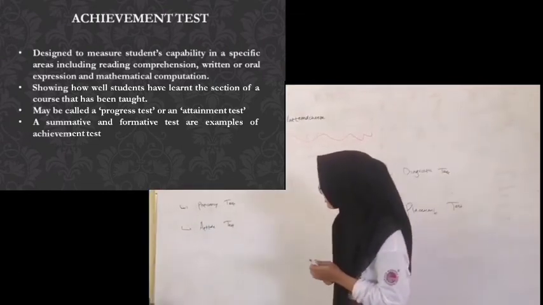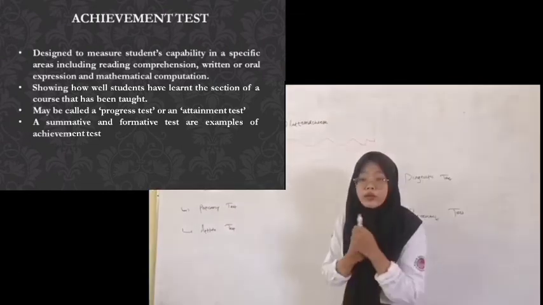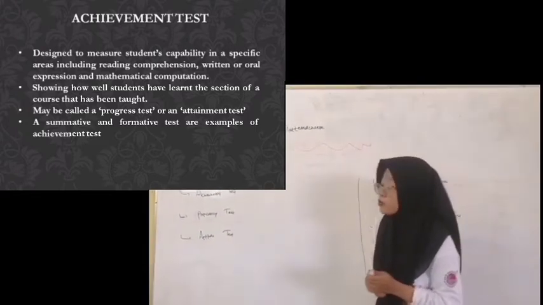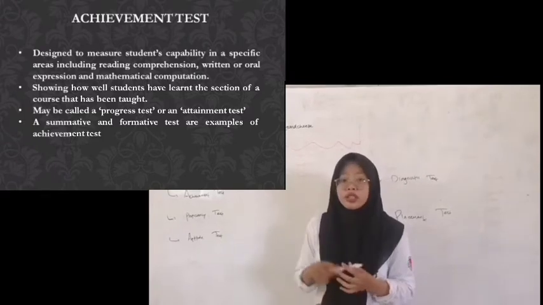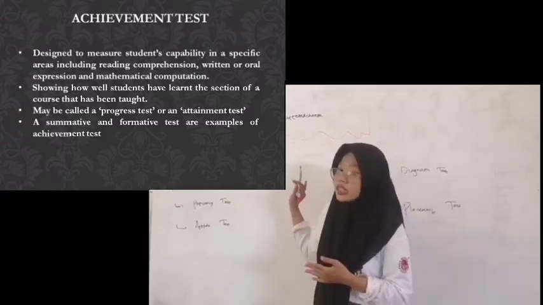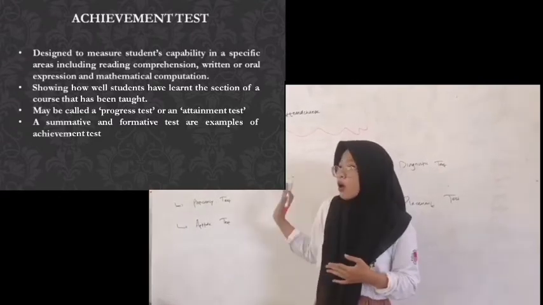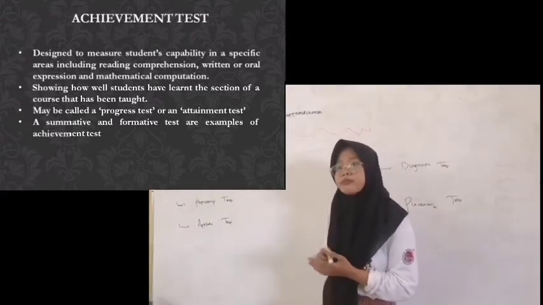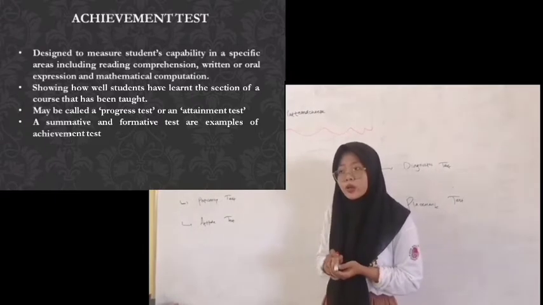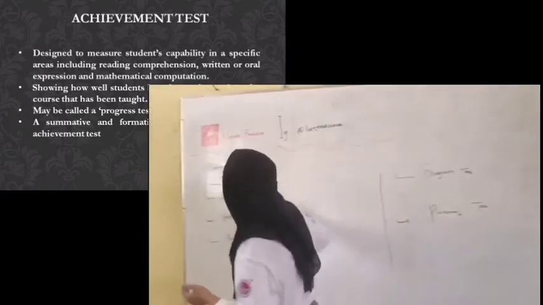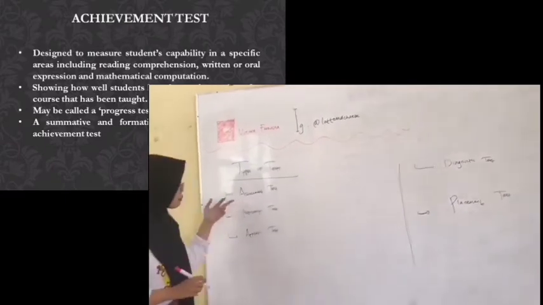It records students' achievement in reading comprehension, written or oral expression, and also mathematical computation. If you are a teacher, you will be using this test a lot. The examples of this test are a summative test and a formative test. This test is usually used in English class.